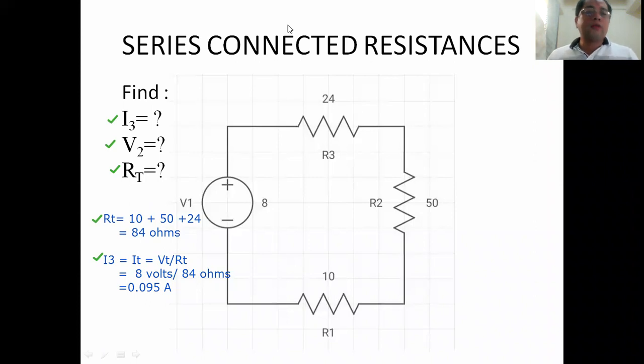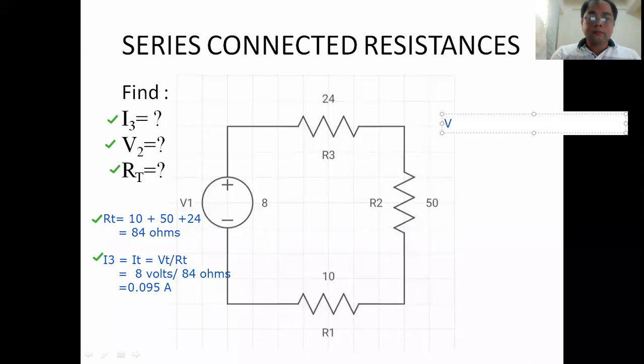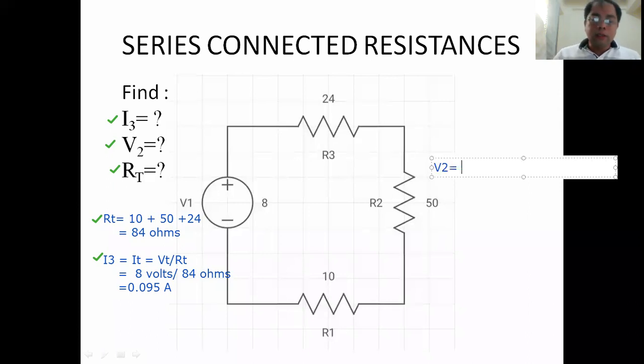Now, if we try to solve for V sub 2, V2, calculating V sub 2 will be equal to I2 times R2. So do we know I sub 2? Again, we know it because it's equal to our value earlier. That's equivalent to the total current.